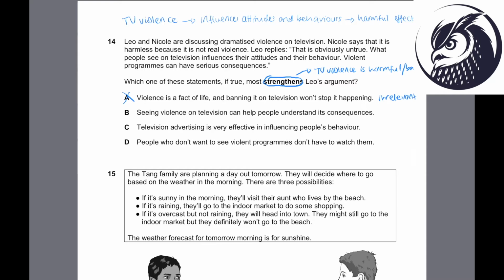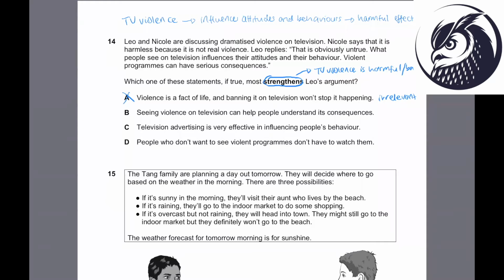Let's have a look at option B. Option B says, seeing violence on TV can help people understand its consequences. Okay. Now, option B is saying, if you see TV violence, it can help them understand the effects. But Leo's argument is saying that TV violence can influence behaviors and therefore lead to harmful effects.